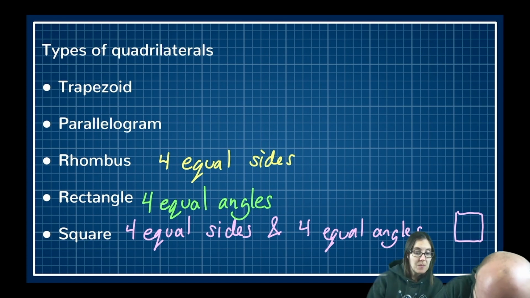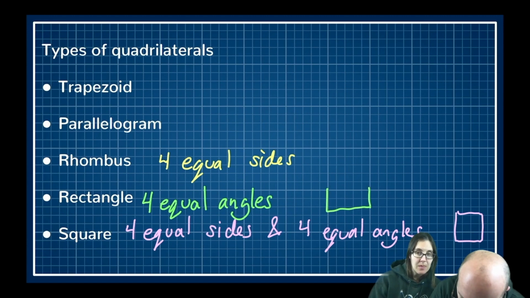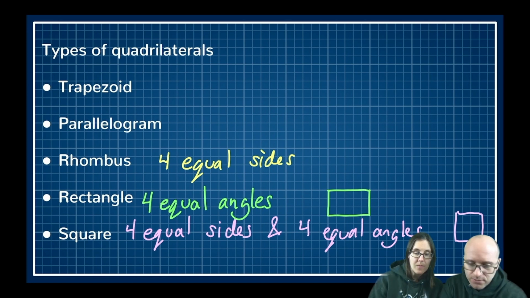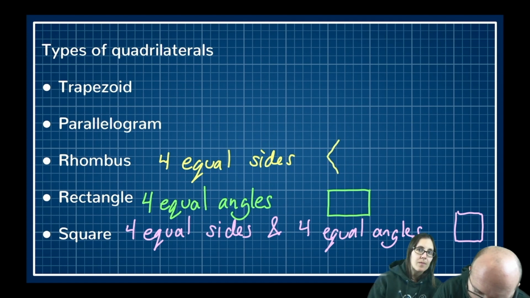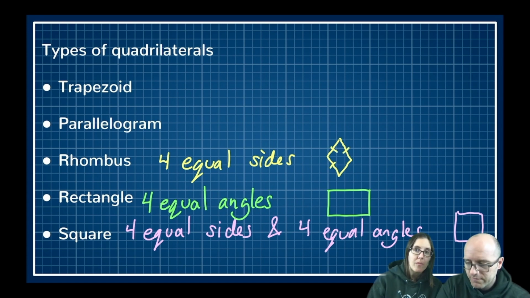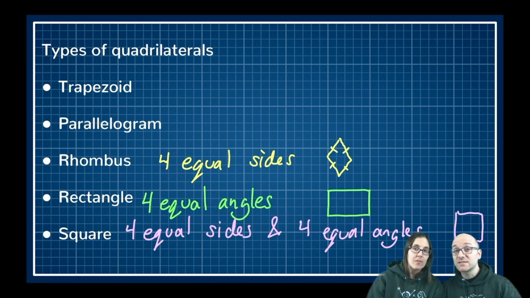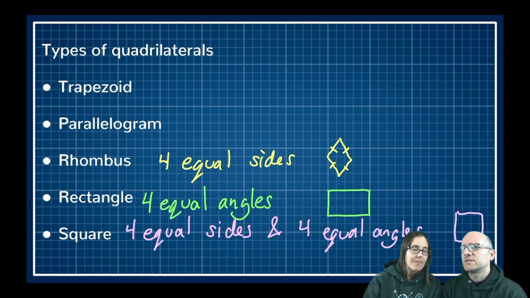Okay, yeah, let's draw these. There's a rectangle, and yeah, a rhombus. So if all four of those segments are the same, then that's a rhombus. I like it. And we'll come back to some more examples.